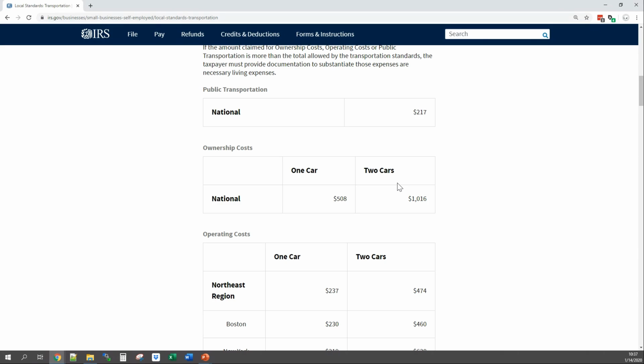Now, if that 3rd car is necessary, let's say the family has a special needs child that's in a wheelchair, and they have their 2 cars for commuting to work, but then they also have an accessible van in order to get that child around, that would be a potentially allowable expense as a conditional.